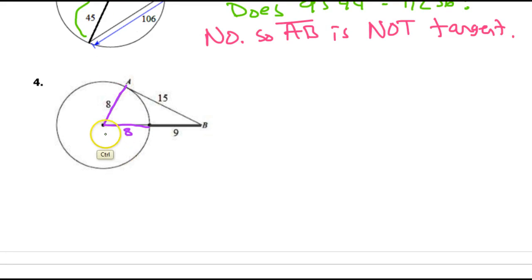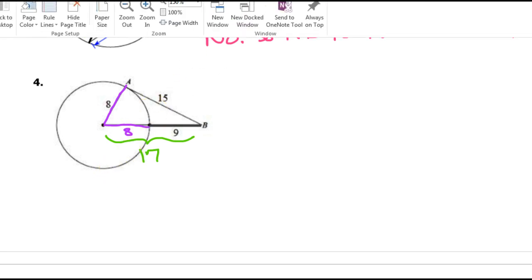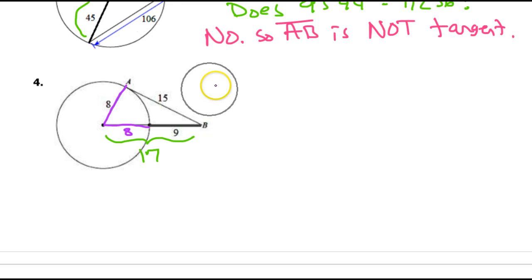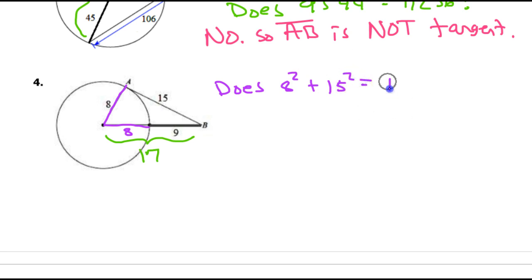All right, which means that this side of the triangle, the would-be hypotenuse, is 17. Okay, so the question is, does a squared plus b squared equal c squared?